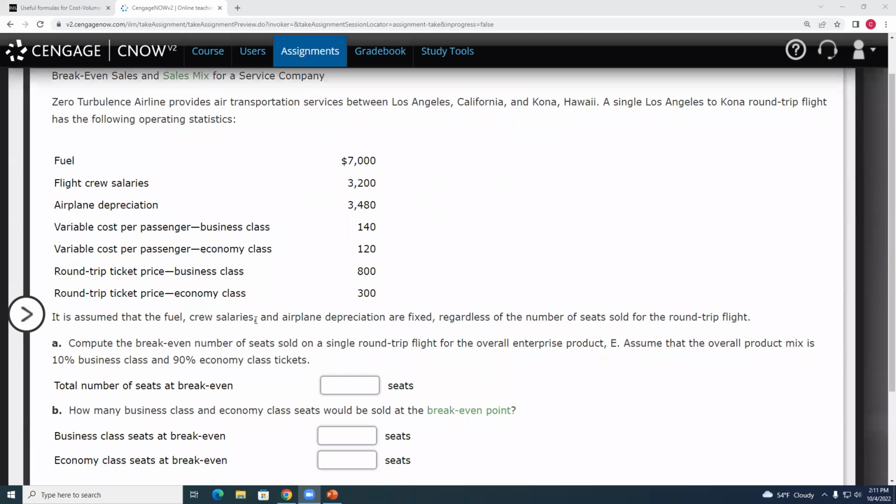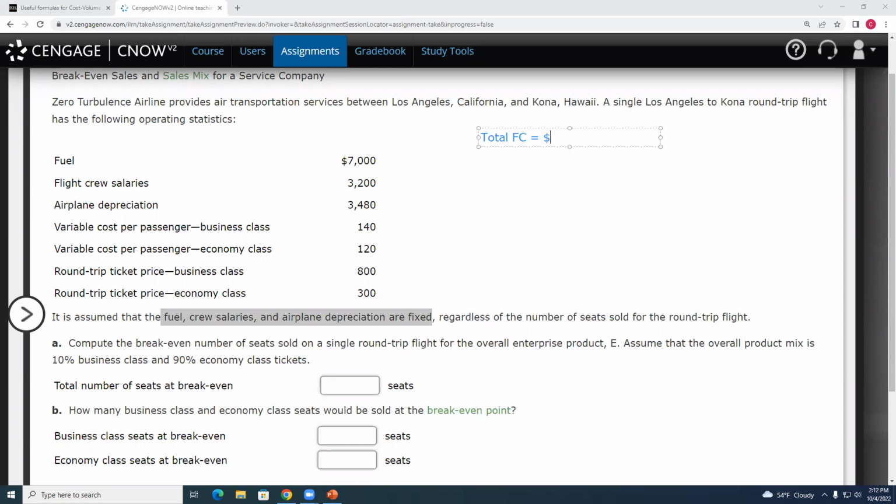It tells us to assume that fuel, crew salaries, and airline depreciation are fixed, regardless of the number of seats that are sold. So that's the first 3 amounts that are given there. Just going to do some quick math and find our total fixed costs by adding those 3 pieces together: the fuel, the crew salaries, and the depreciation.